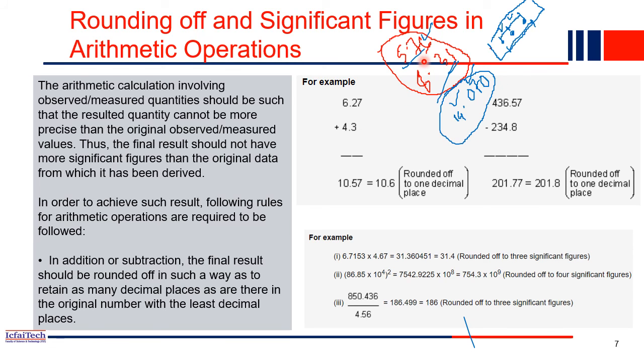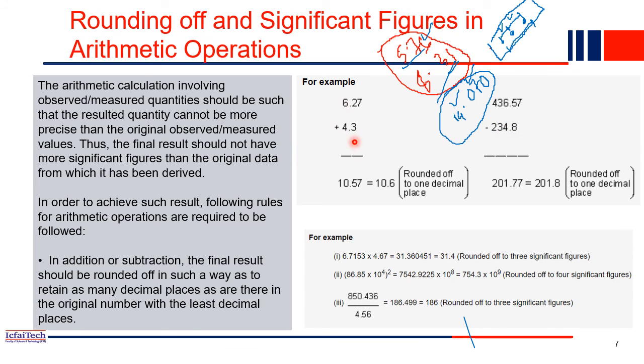Why am I saying it may be less? Because if one measurement is taken up to 5.76, whereas the other measurement is taken as 8.3, this measurement has 1 decimal accuracy, whereas this one has 2 decimal accuracy. So the net value should be up to 1 decimal accuracy, but it cannot be 3 decimal accuracy. So that is the meaning here.